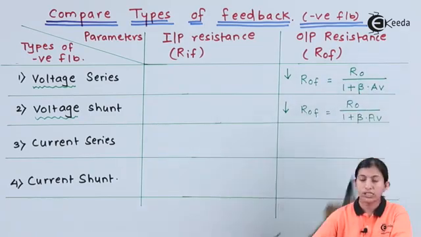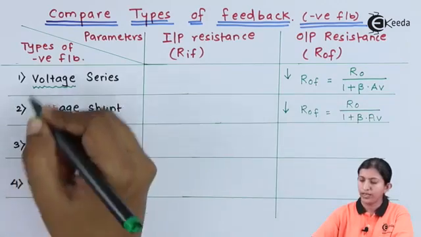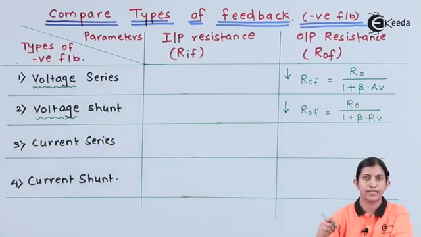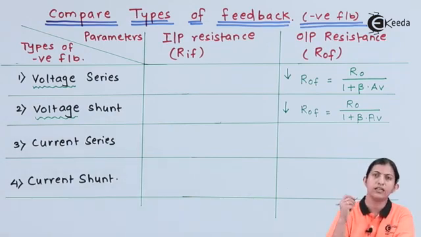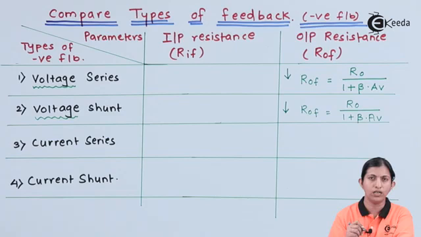So these equations indicate that in voltage sampling, the output resistance decreases, because in voltage sampling we connect the RL resistor in parallel with the feedback network, and in parallel combination always the output resistance decreases.